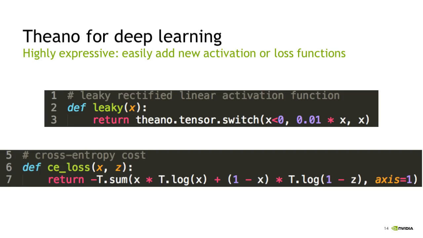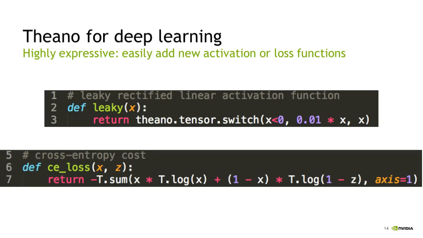And this Theano.tensor.switch function applies that activation, and it can actually apply element-wise to tensors. So the x input here can actually be a whole array of neuron activations.